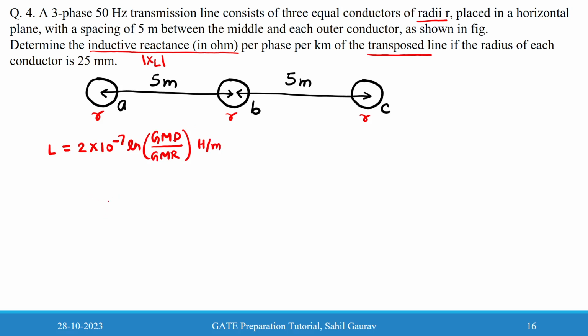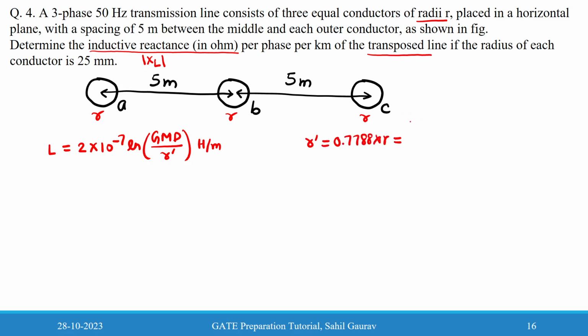So we need to find GMD and GMR, and here a bundled conductor is not there, so we will write the effective radius R dash. The effective radius of each phase will be R dash is equal to 0.7788 into r.